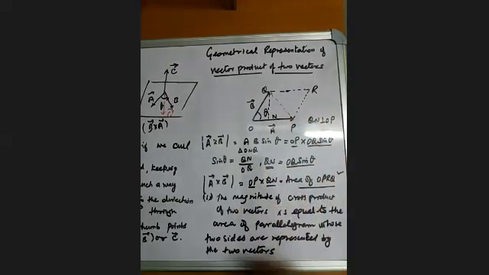So these are two ways of getting the geometrical representation of the magnitude of the cross product of two vectors.